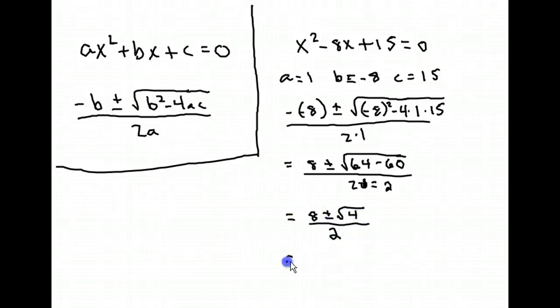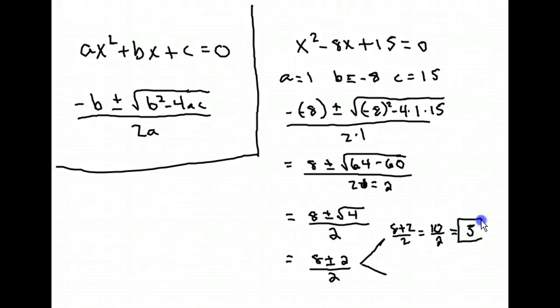It's going to give you 8 plus or minus 2 divided by 2. So your two answers will be 8 plus 2 divided by 2, which is 10 divided by 2, which comes out to 5. So one of your answers is 5. And the other answer is 8 minus 2 divided by 2, which is 6 divided by 2, which comes out to 3. So your two answers are 3 and 5.